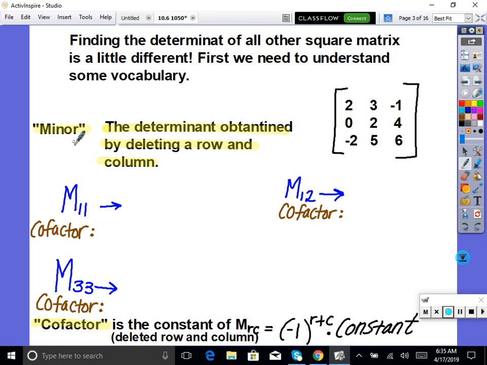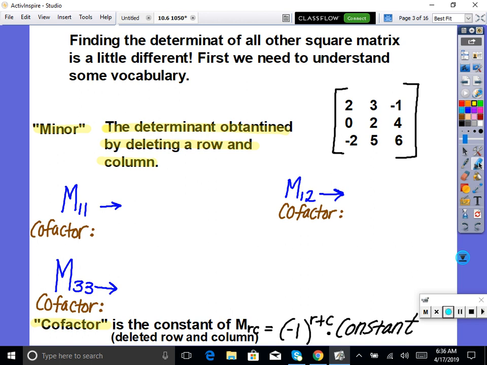So it's basically like you're creating a minor: we're going to delete a row and column, and that's going to create a minor matrix. For example, right here, this says M sub 1, 1. This M stands for minor. Now this is row and column, so this is minor row 1, column 1. So what that means is we're going to delete column 1 and row 1.